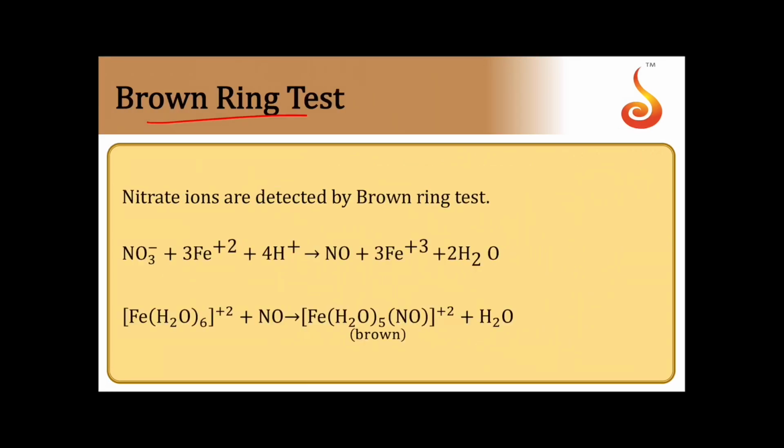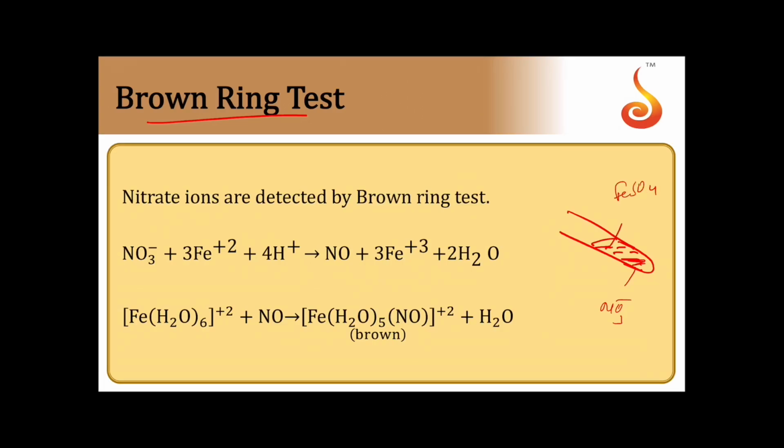Then comes the brown ring test. For a nitrate salt, freshly prepared ferrous sulfate solution is taken. We take a test tube in a slanting position, and a nitrate salt solution, having nitrate ion, is taken there. Then we add freshly prepared FeSO4 solution.